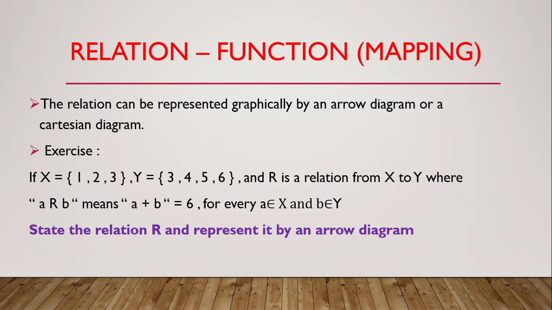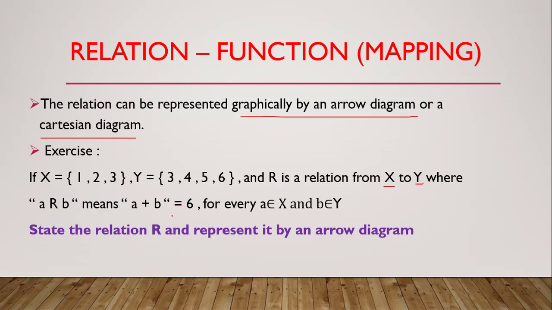Okay, also like the Cartesian product, the relation can be represented graphically by an arrow diagram or Cartesian diagram. Let's start with this exercise. If you have two sets x and y, set x is 1, 2, and 3, y is 3, 4, 5, and 6. R is a relation from x to y. So the first projection should be from x, the second projection should be from y, where A related to B means A plus B equals 6.